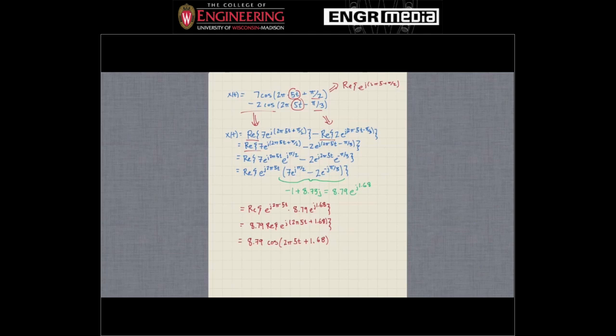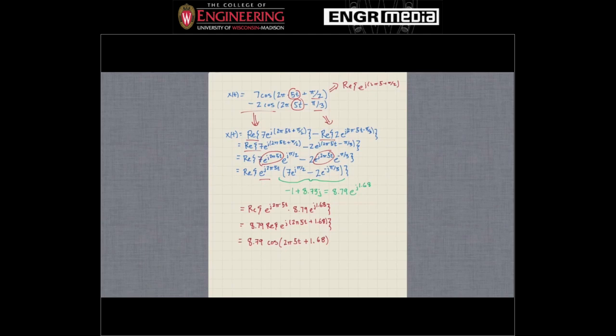And then in this following line, I've factored out the terms involving the frequency, e to the j 2 pi times 5t. See that here and here. They get factored out to here.